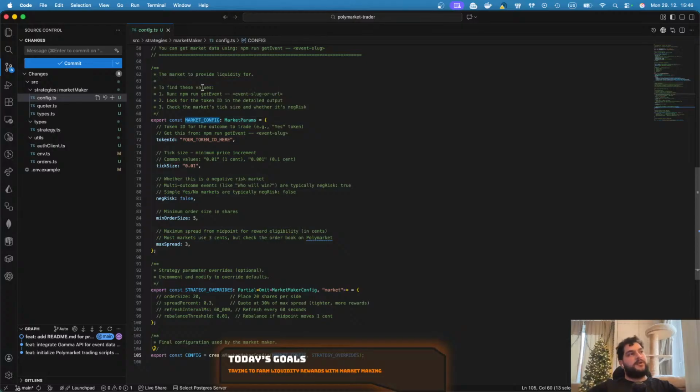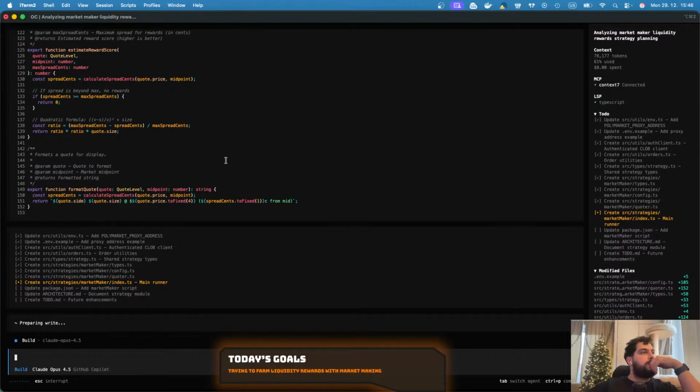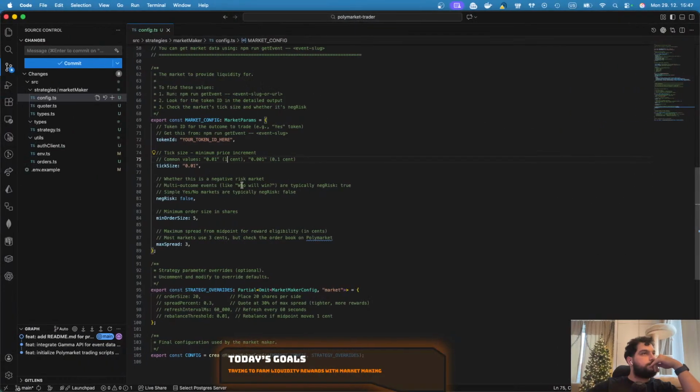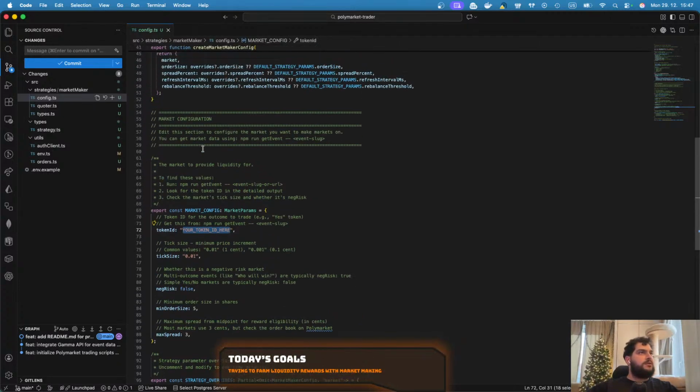So it also incorporated or created scripts already getting the data for events. So I guess it just expects me to type this here.